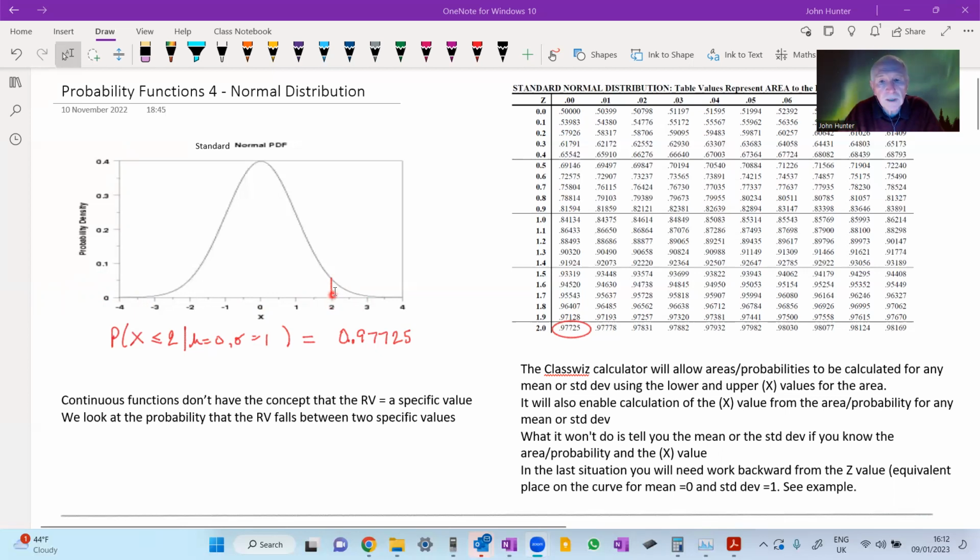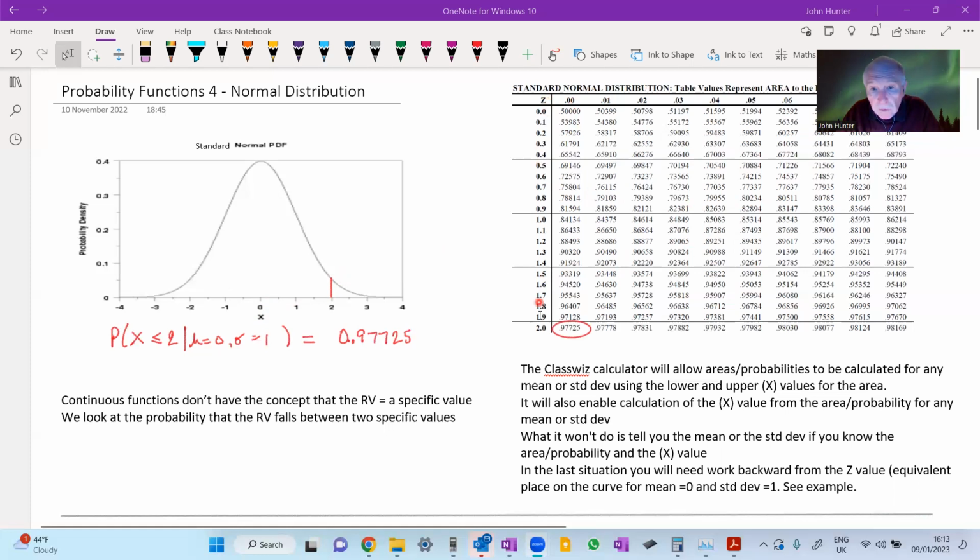So how do we do this? Well, all this stuff is worked out for us on tables or calculators, usually calculators now, but it's worth having a look at this table for the standard normal distribution. Standard normal being mean of 0 and standard deviation of 1. So we go down here.